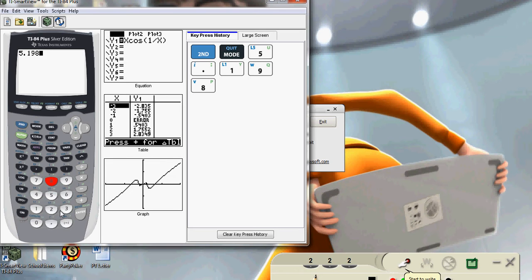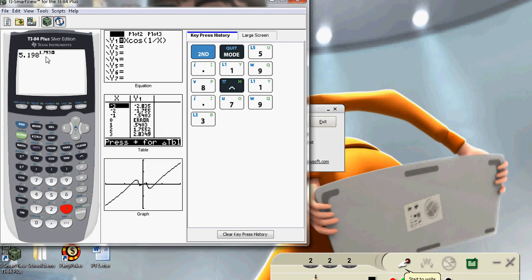So we've got 5.198, and then we're going to use this button right there. That is the raised, or the power, and then 1.793. Now most of you will have an actual caret on your screen, and then it will say 1.793 right next to it.